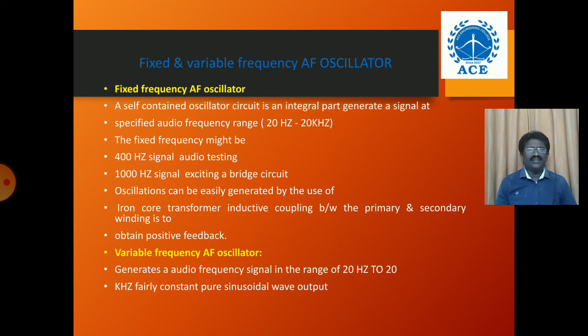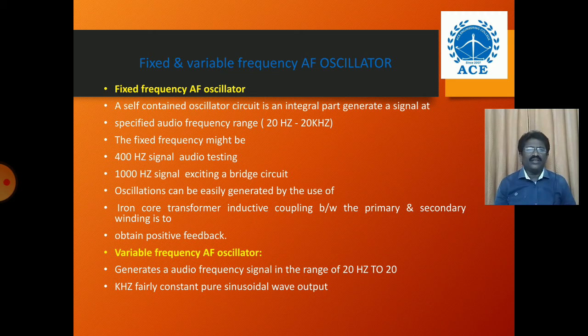That means with the help of an iron core transformer we can create oscillations, and we collect those oscillations in the form of a sine wave. So this is the idea about the fixed frequency AF oscillator.